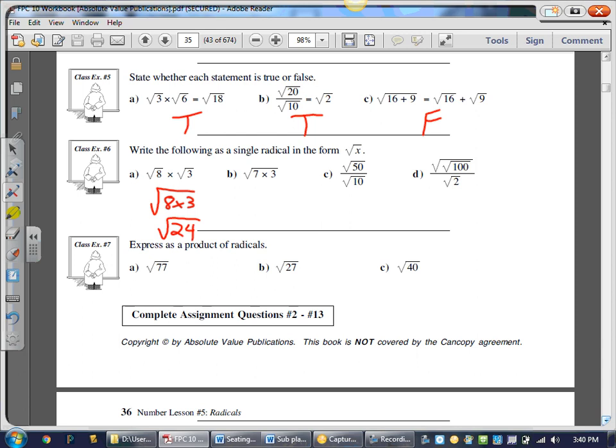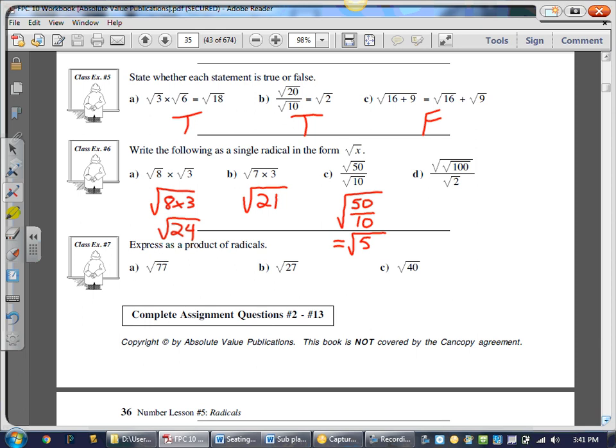Now in part B, the square root of 7 times 3, I can just do the multiplication and get root 21. Root 50 over root 10, you can write as one radical, 50 over 10, which then I can do that math inside. Radical 5 is what you'll have.